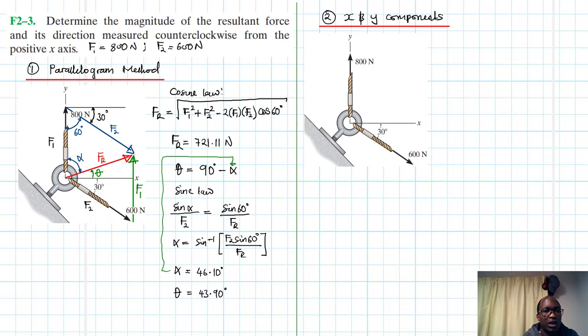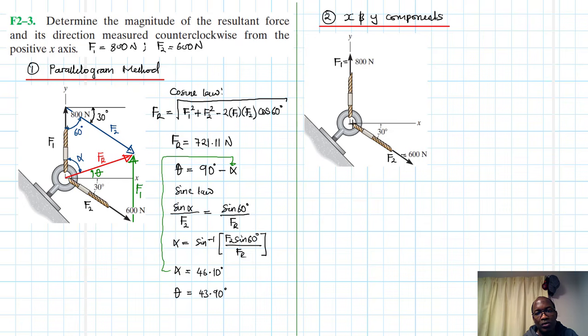Let's start with F1, which is 800, like we had called it in the previous case. So this is F1, and then this is F2. F1 has components in only one direction, which is y.